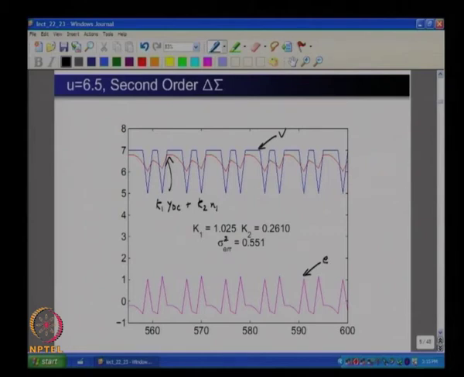You can see that the mean square value of the error has gone up a little bit, but the most significant thing to notice is that the gain for the noise has gone down even further.